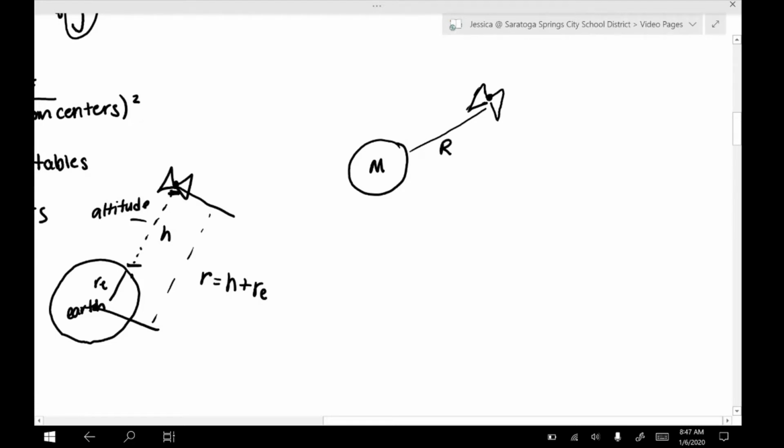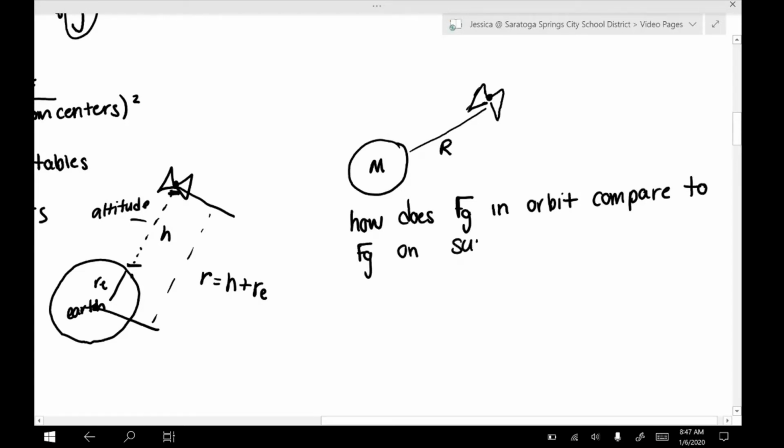And they might ask, how does the force of gravity in orbit compare to the force of gravity on the surface?